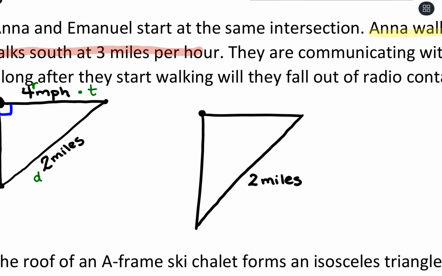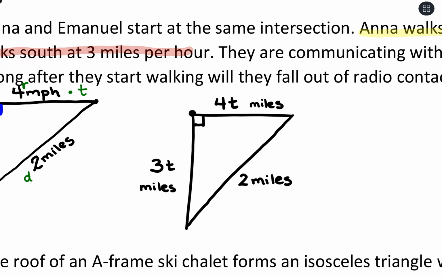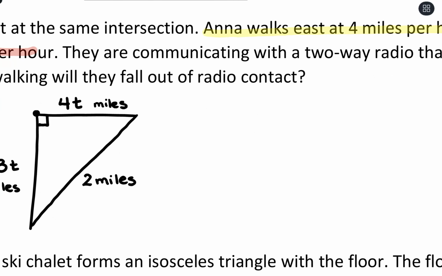So what I'm going to do is rewrite this where I had 4 miles per hour before. I'm going to take that rate times time, and now that would be a distance, 4t. Same thing with the 3 miles per hour. Now I'm going to write that as 3t, and we'll call that miles. And now we have our Pythagorean theorem that we can set up and start solving, and we're going to be solving for time.